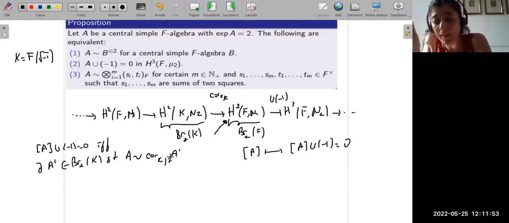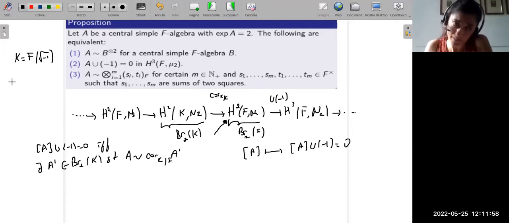of quaternion algebras. But here I will choose a representation that makes it easier to work with. You see, K is just a quadratic field extension.